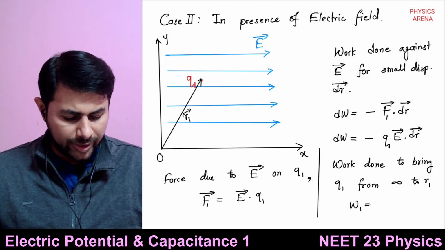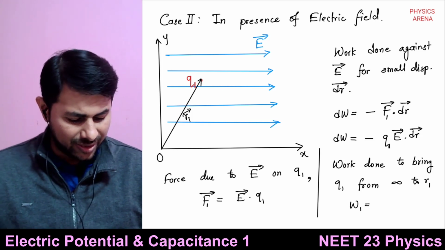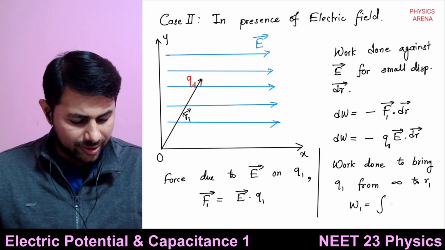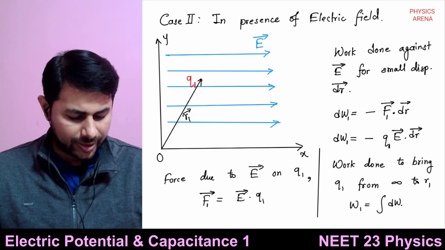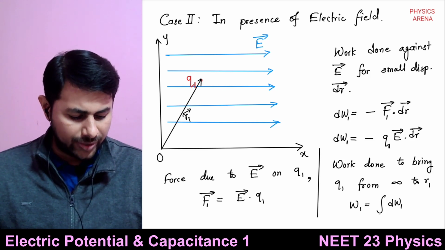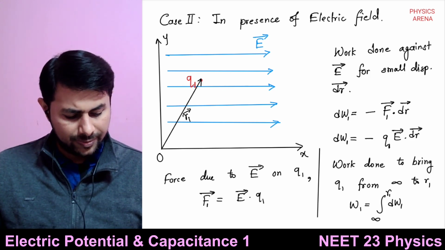Let's call it W1. So when you bring the first charge itself, there is some work done. It will be the integral of dW, and let's call this work done dW1, the integral of dW1 from infinity to R1, right?